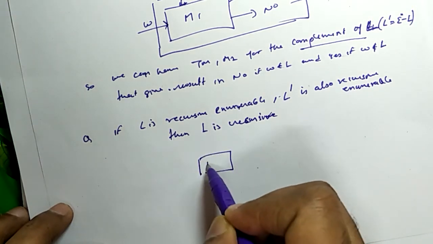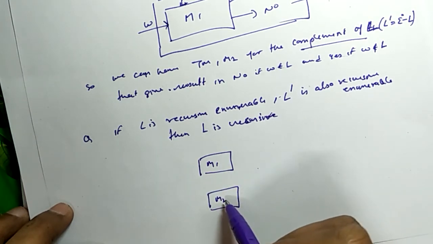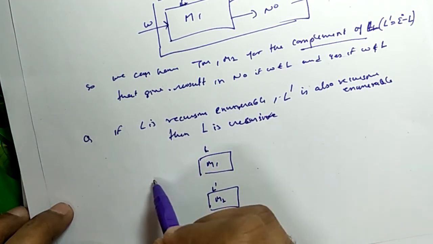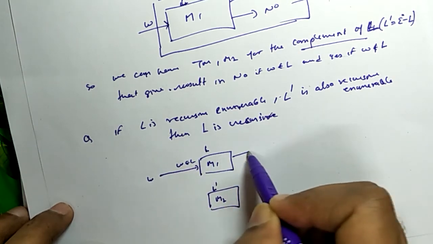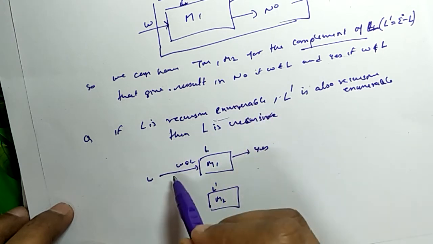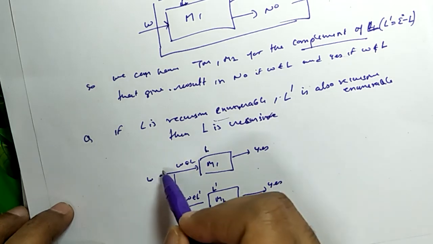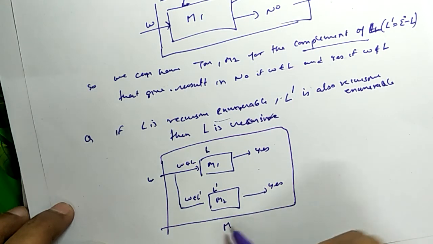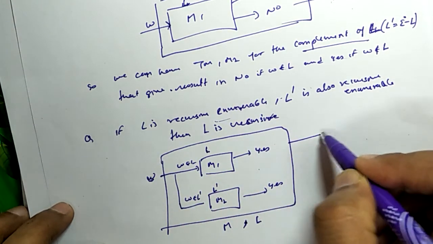So if M1 is for L and M2 is for L bar, and if we give a W and W belongs to L, then M1 will give yes as it is recursive enumerable, and if W belongs to L bar, M2 will give yes. So we can design a Turing machine M for language L. If W belongs to L, it will give yes.